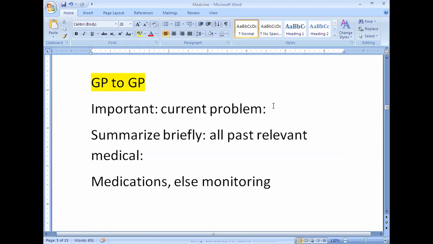Here the main thing is the current problem of this patient, but we should also summarize all previous relevant information about this patient, because the new GP is going to take care of this patient for a long time. He should know about risk factors.